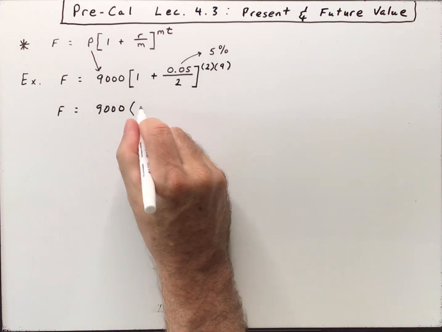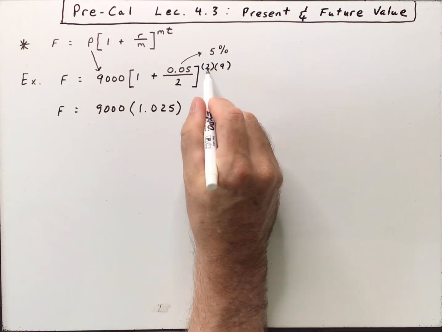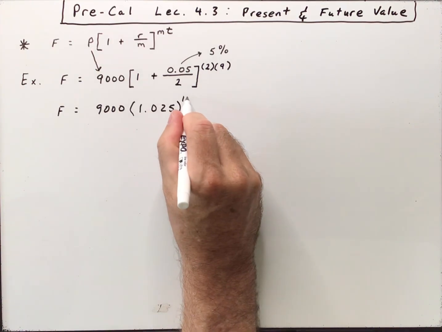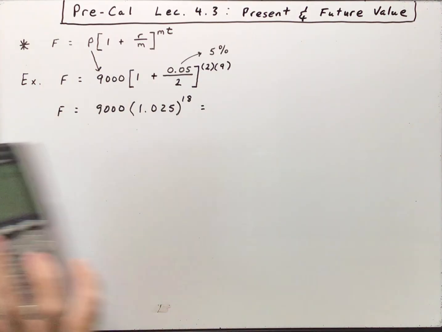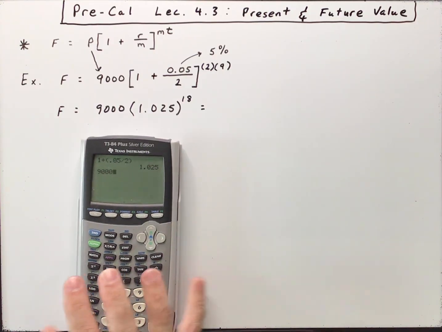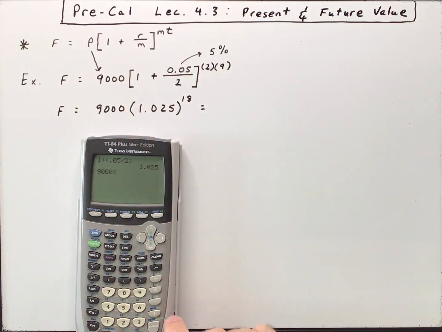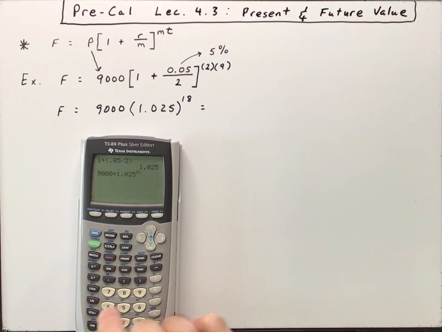Okay, so that's what's in the bracket. And then we know 2 times 9 is 18, so we're going to raise that to the 18th power. So we've got 9,000, so I'm just going through this equation here, times 1.025, hit the caret, raise that to the 18th power, and hit enter.